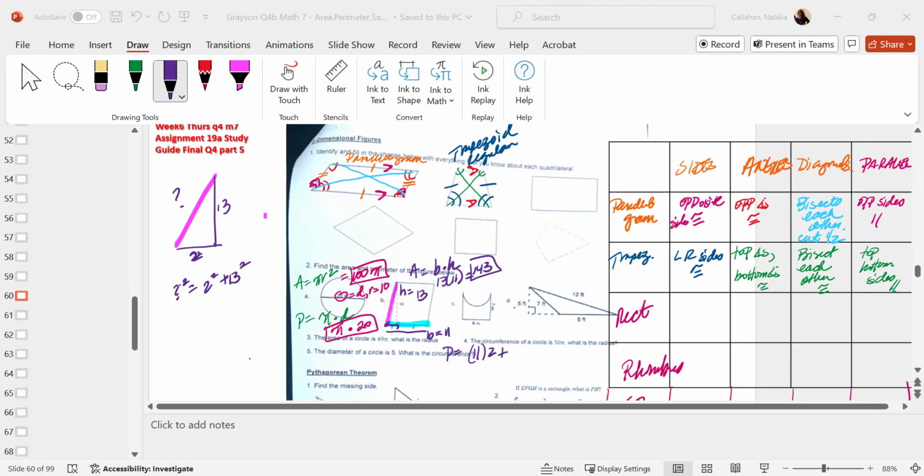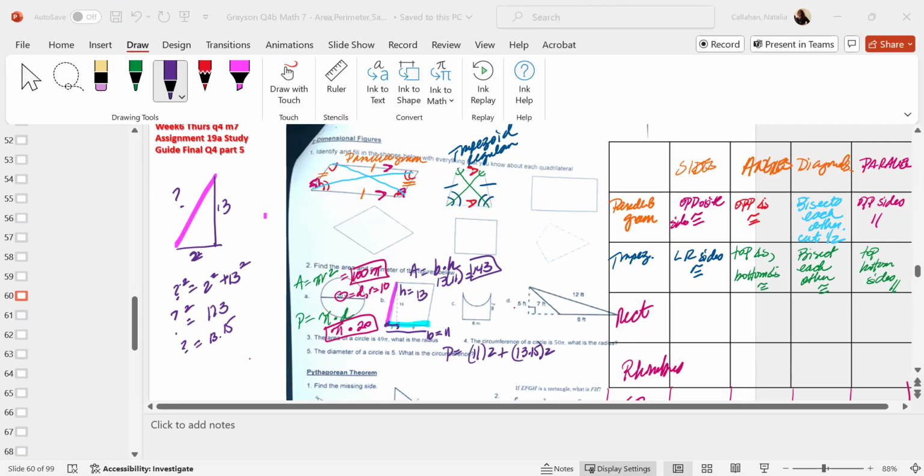Square root of that is 13.15. So 13.15, there's two of them, right?